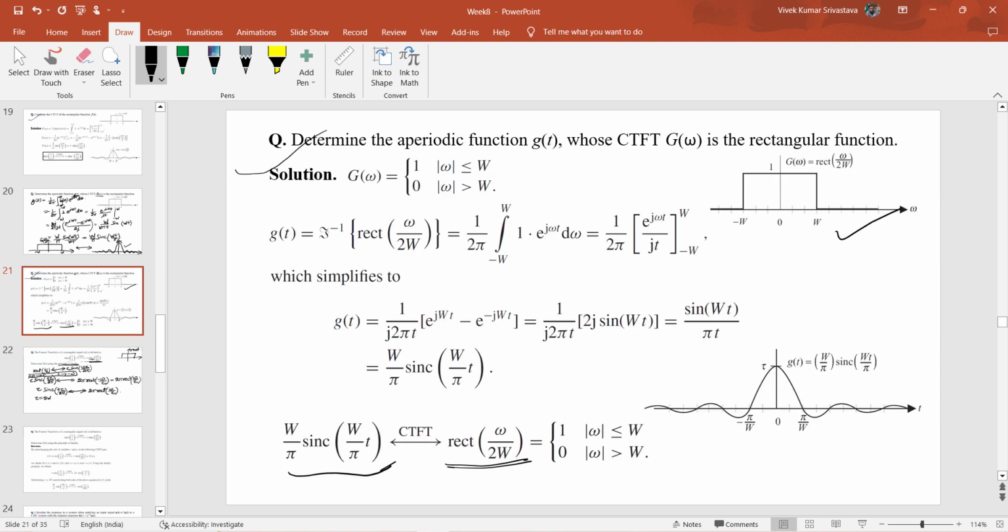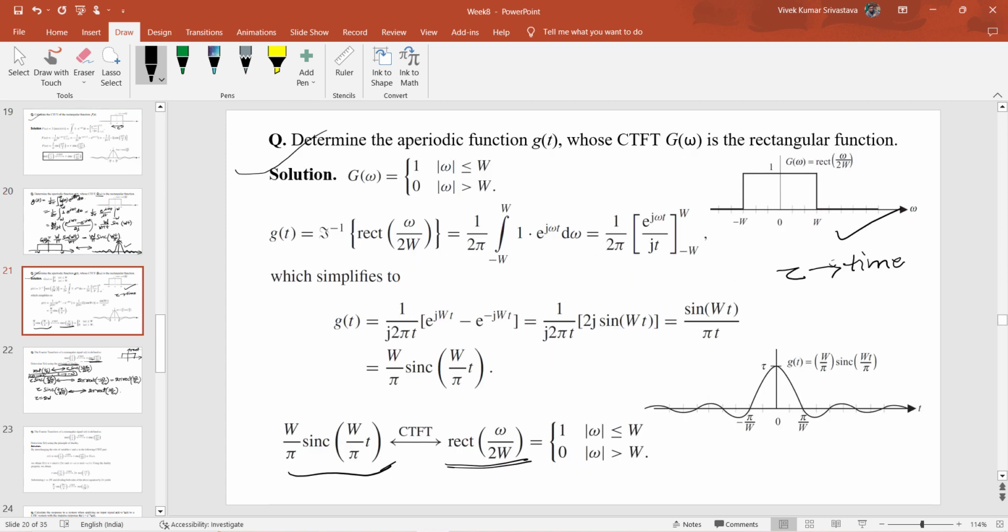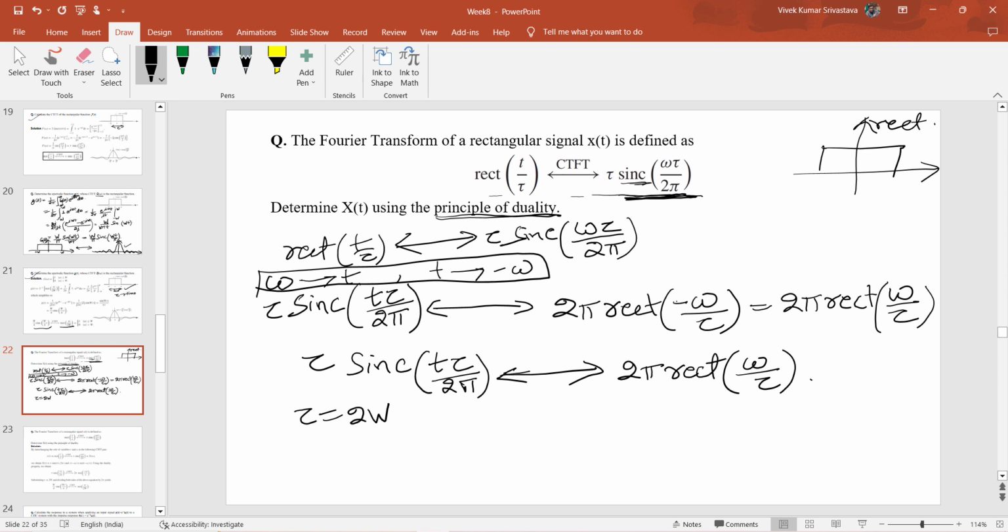Okay, because here if you can see that tau basically is in the time domain. Okay, so here is the tau in time domain, whereas in frequency domain we have taken w. Okay, so the width here will be equal to 2w. Okay, so that's why here I am taking tau as 2 times w.